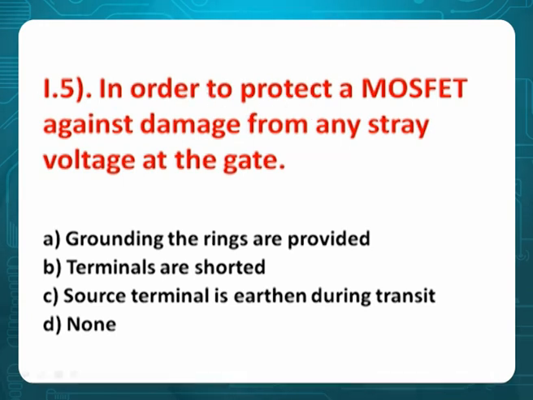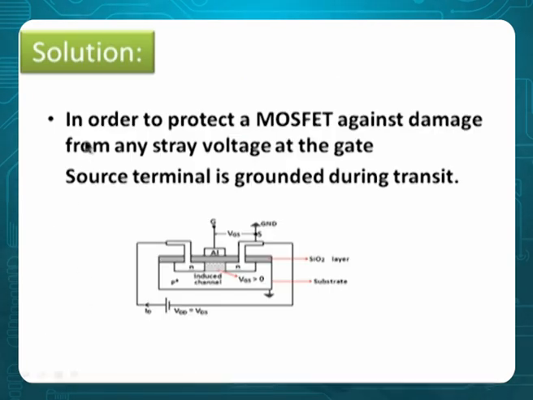In order to protect a MOSFET against damage from any stray voltage at the gate, the options are: grounding rings are provided, terminals are shorted, source terminal is earthed during transit, none of the above.